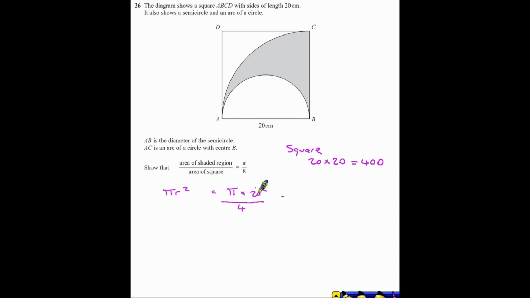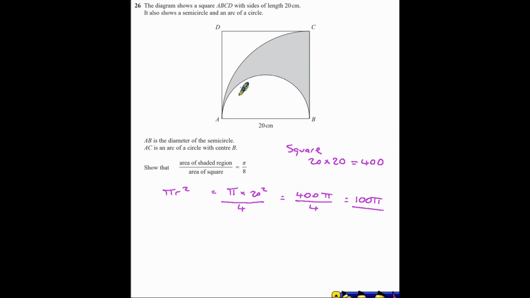So we end up with, well, 20 squared, again, that is 400, times pi divided by 4. We can simplify that because, of course, 400 divided by 4 is 100 pi. So that is the area of the quarter circle as described by the arc AC.